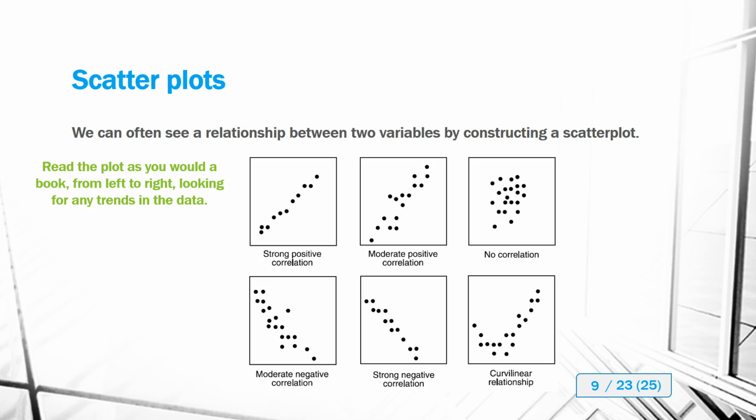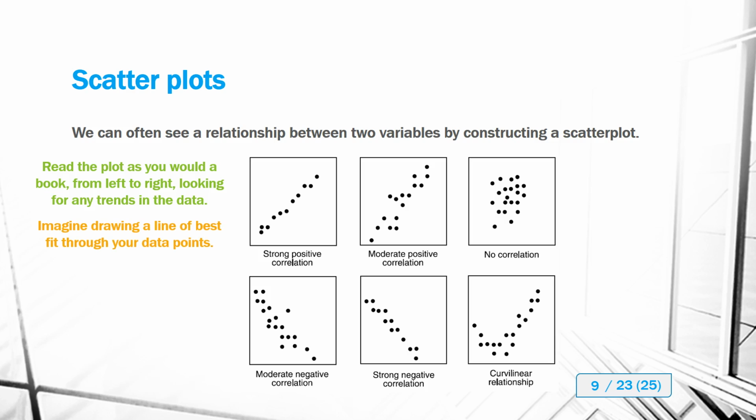So go from left to right and see if there's any trending in the data as you go from left to right. Looking at the first example there on the upper left, strong positive correlation. Notice how if we read from left to right, it looks like we have a continual steady increase in the data. That's a trending that we're looking at.